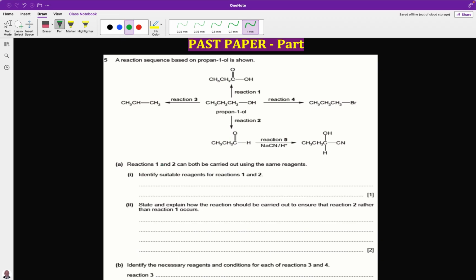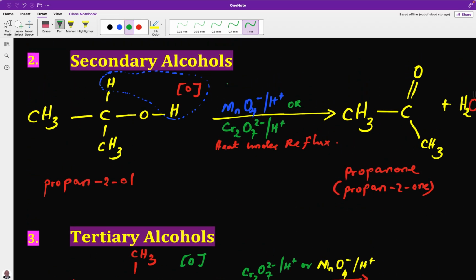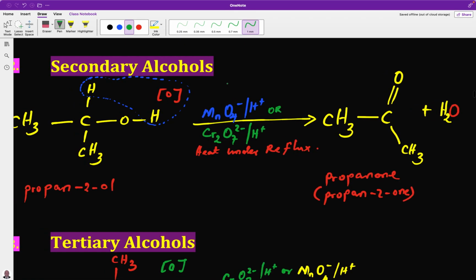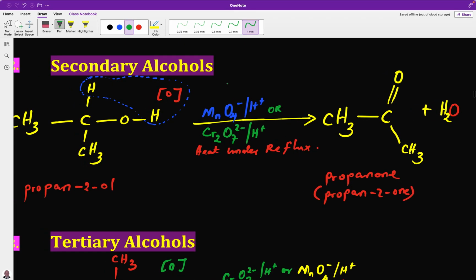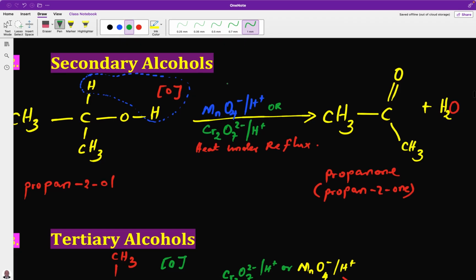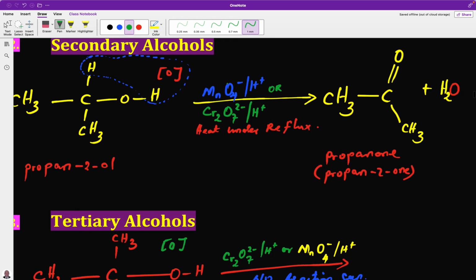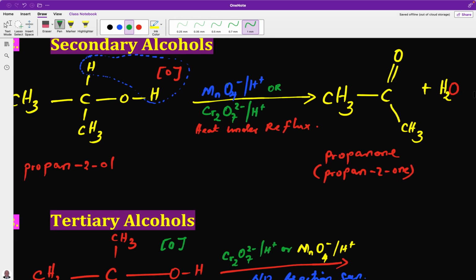Let's go to our question. A, reaction 1 and 2 can both be carried out using the same reagent. Of course, we have just done oxidation of primary alcohol there. Let me go back again. Reaction of oxidation of primary alcohol. In this case, you see the reagents: acidified potassium manganate 7 solution, or acidified potassium dichromate 6 solution.